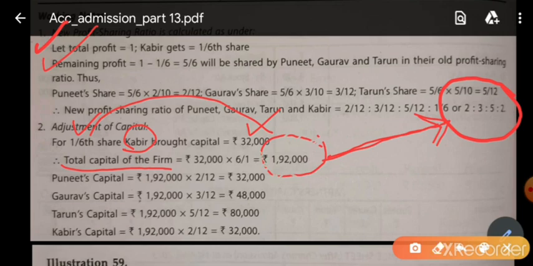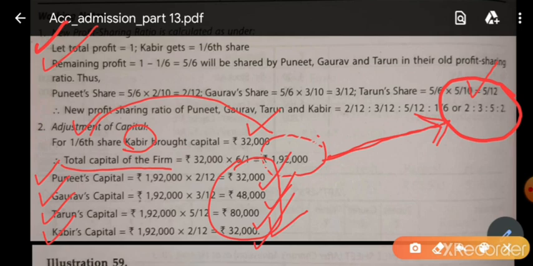You can see here Puneet's capital, Gaurav's capital, Tarun's capital and Kabir's capital. Kabir's capital will come the same because we have taken his capital as the base. So 1,92,000 rupees divided in the new ratio gives the new capital of all the four partners. It is 32,000, 48,000, 80,000 and 32,000. This way we get the new capitals of all the four partners.